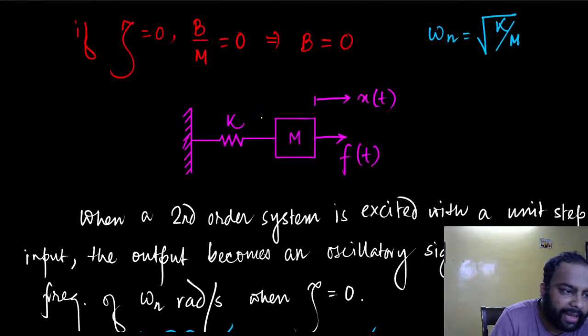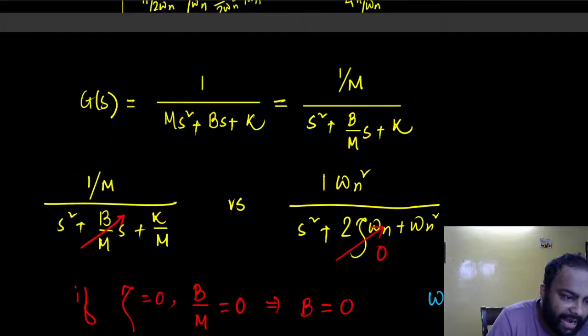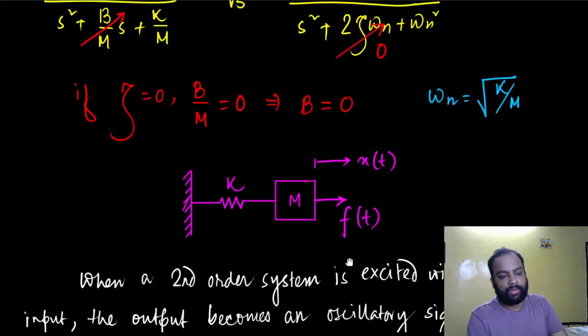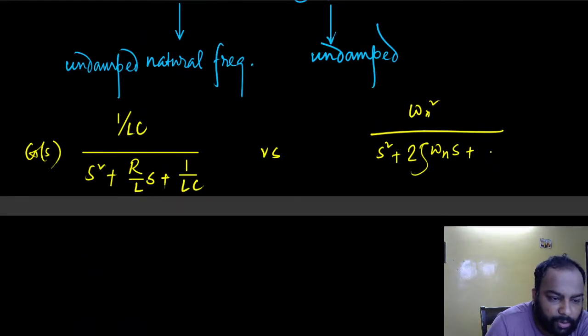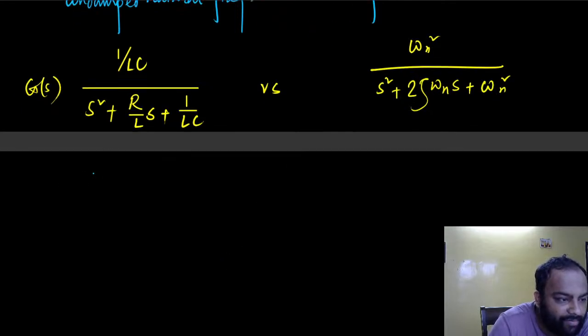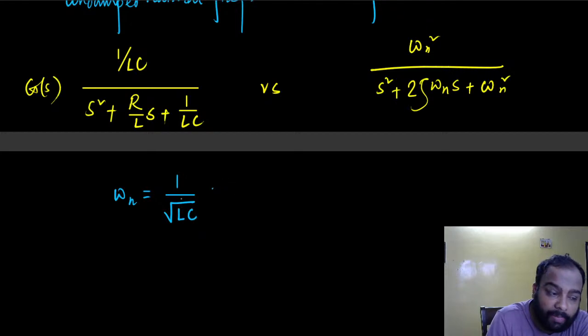Just keep in mind that for the previous comparison we had a multiplying factor here, otherwise things won't work. Here for this system, omega n squared is 1 by LC, so omega n is root over 1 by LC. And if you recall, this is known as the frequency of resonance. So this is the resonance frequency.